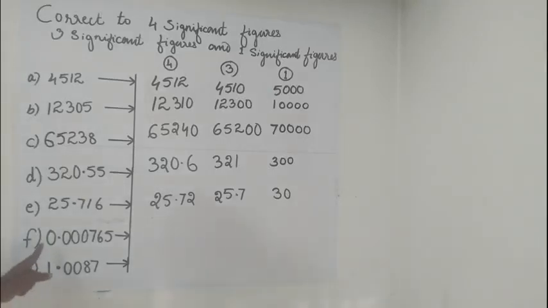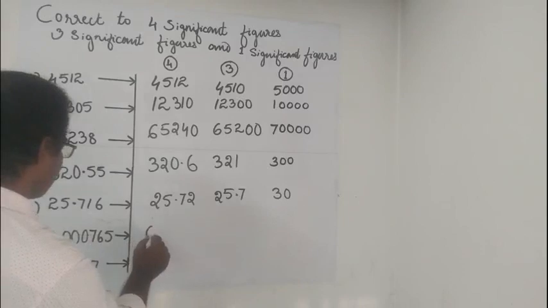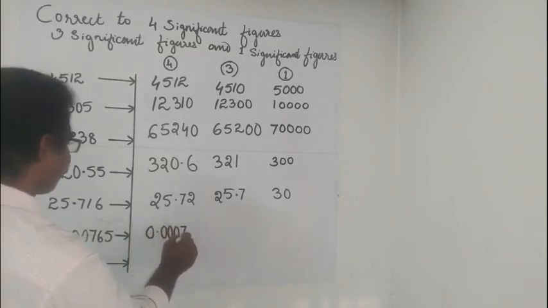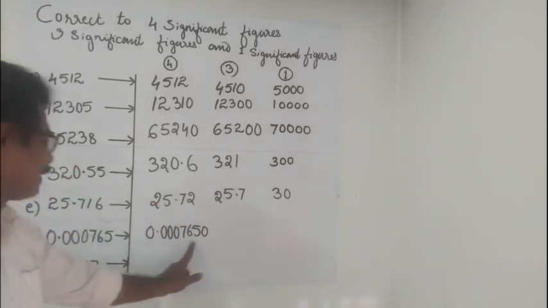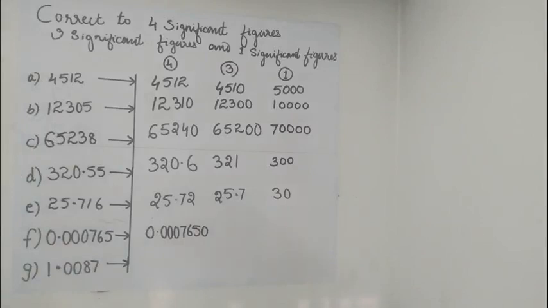Okay, next, 0.000765. So we have to focus on the 4-digit number. This is 0, you know. So 7650. See, write down 0.0007650. This is a 4-digit number. Okay, next we want 3 significant figures, isn't it?